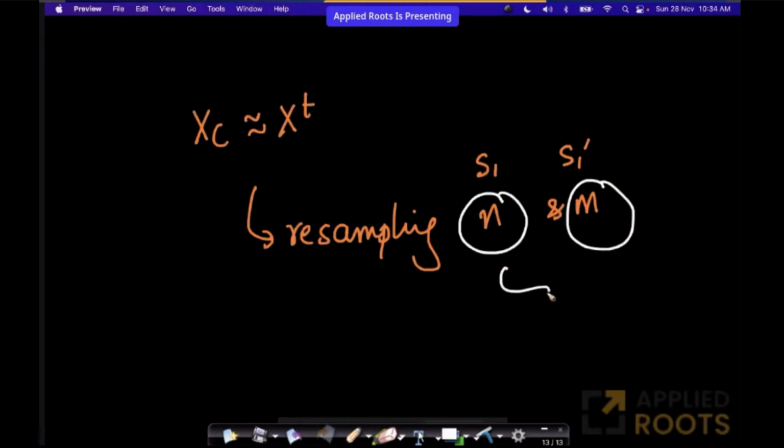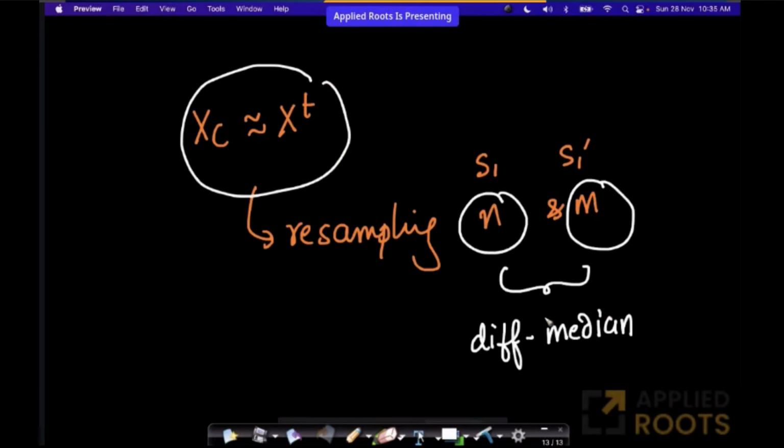What would be the difference between these means? Again, these medians. The difference in median will still exist. It will never be zero in reality. The difference in medians, even if both of them come from the same distribution, there will still be some difference in median, because these are n samples and m samples, right?